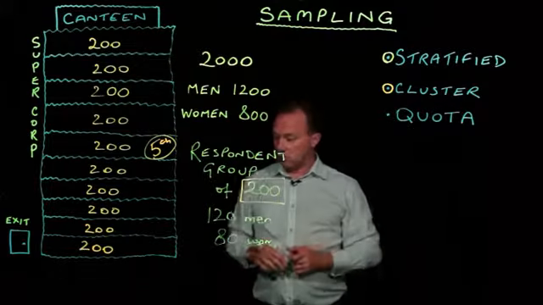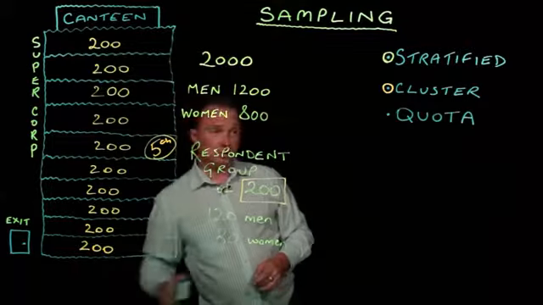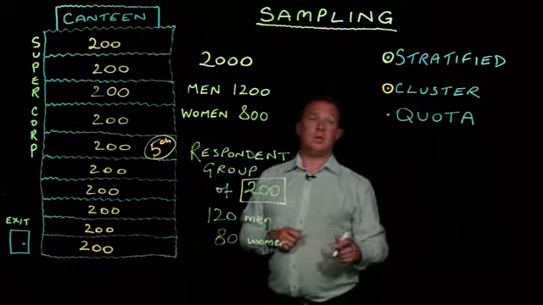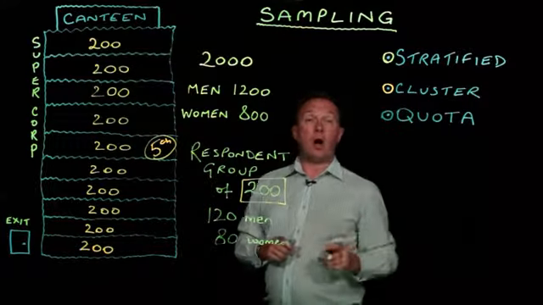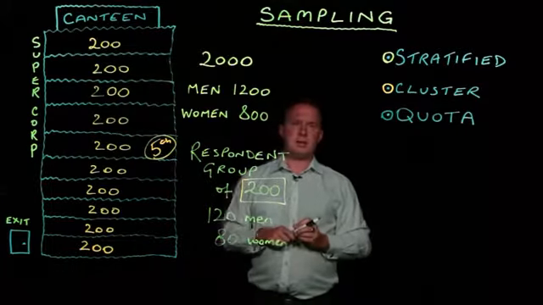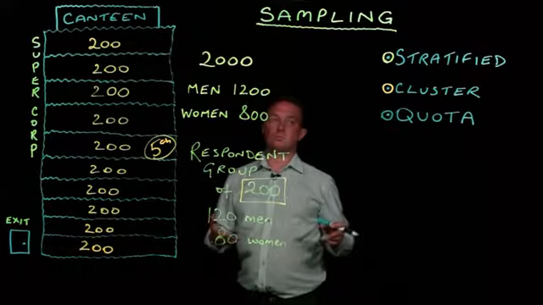The last one I want to talk about right now is our quota sample selection. And in a quota sample selection, I may choose to say, right, I want a genuinely random selection.